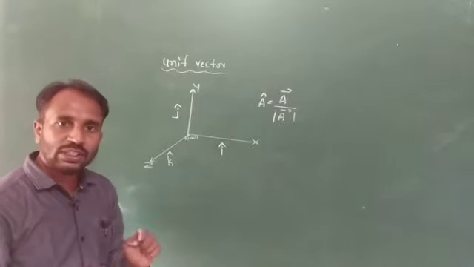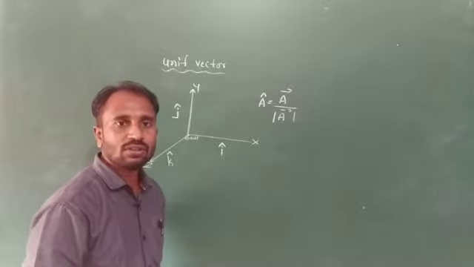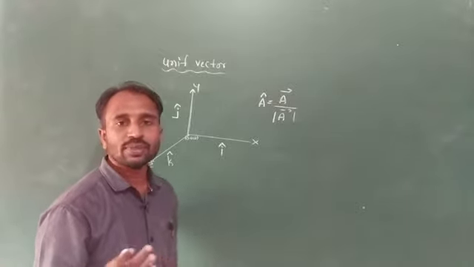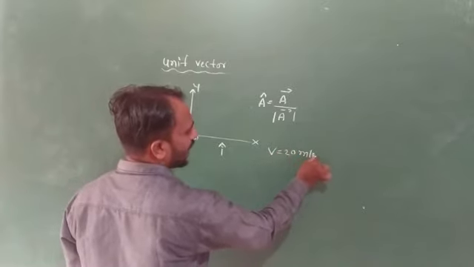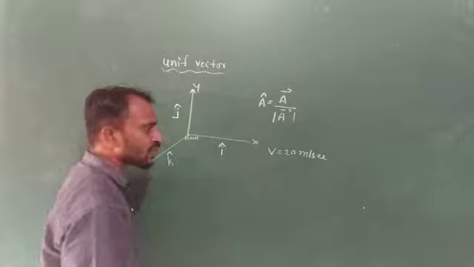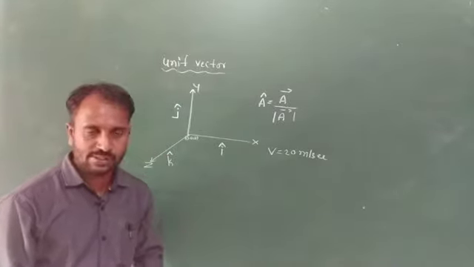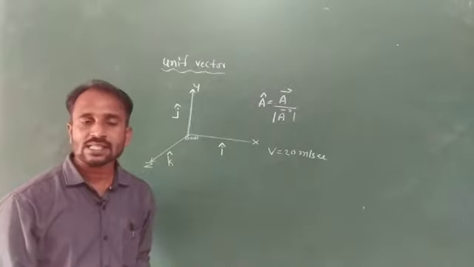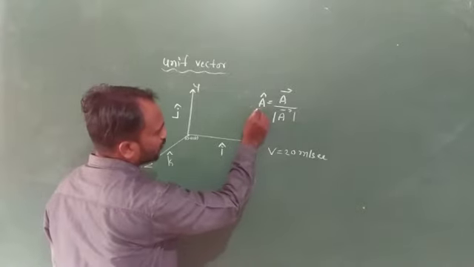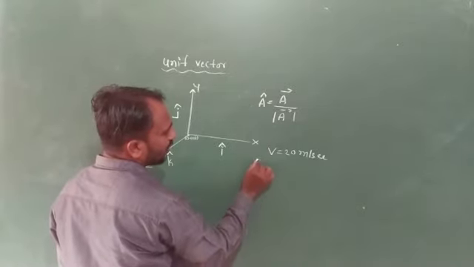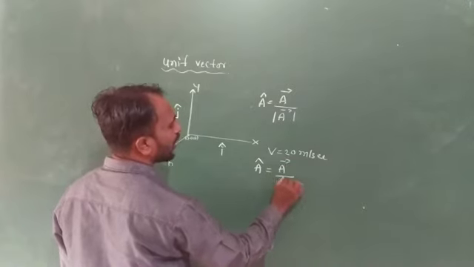For example, the velocity of an object is 20 meter per second. This is a vector quantity, because it represents magnitude as well as direction. For this reason we consider velocity a vector quantity. Now the unit vector a cap is equal to vector a divided by modulus of vector a.